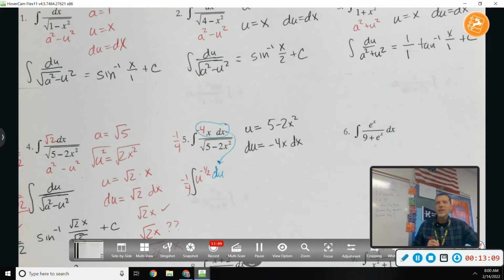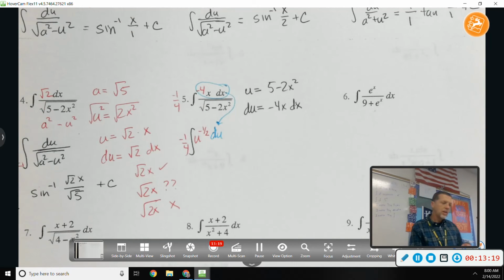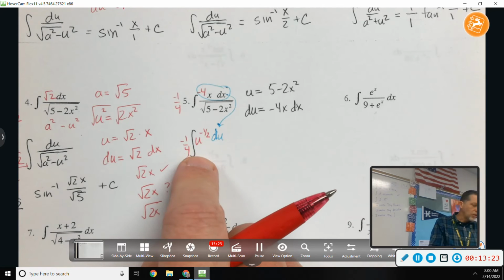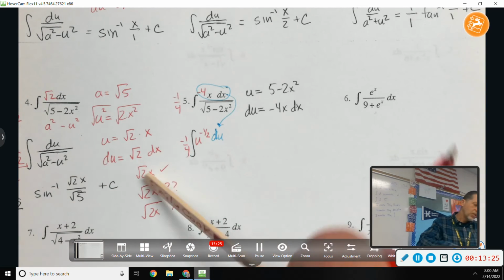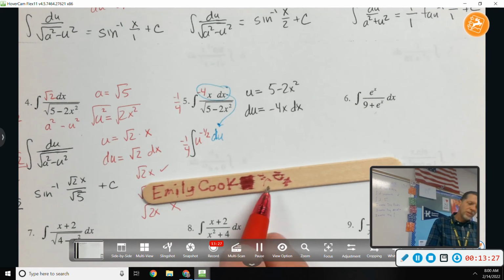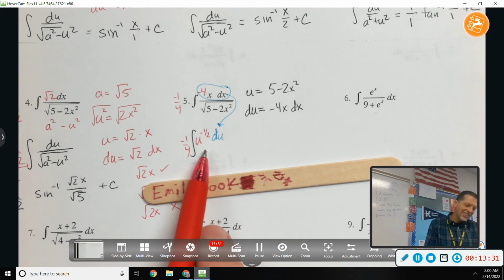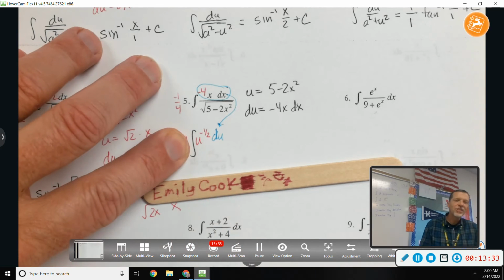Are you okay with that? Because it was a square root of u in the denominator. And we can't use the power rule unless there's a power. So now this really is good old-fashioned power rule. How do I handle, don't worry about the 1/4, how do I handle u to the negative 1/2?